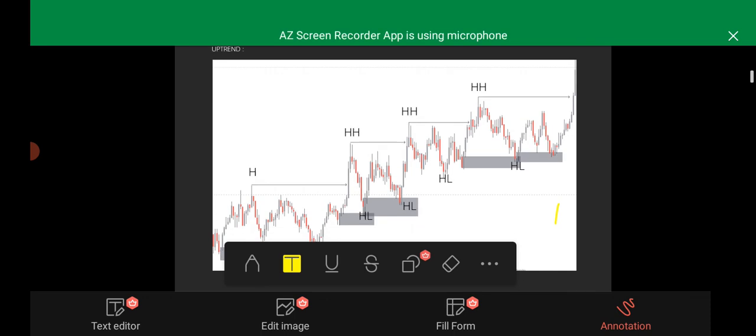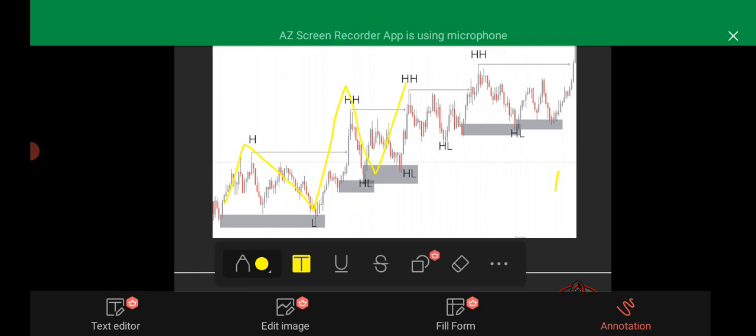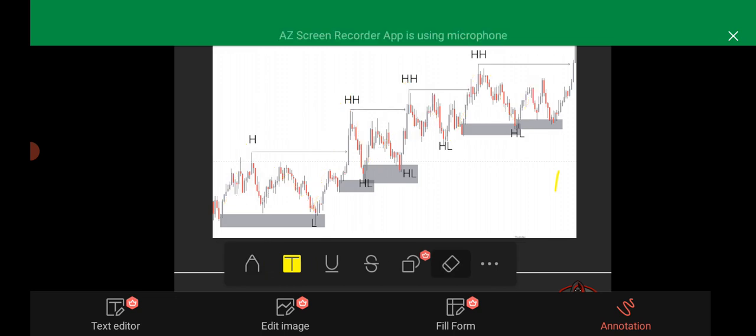You see the market moving to the upside, creating a series of higher highs and higher lows, breaking the higher highs and respecting the higher lows. So that is an uptrend.